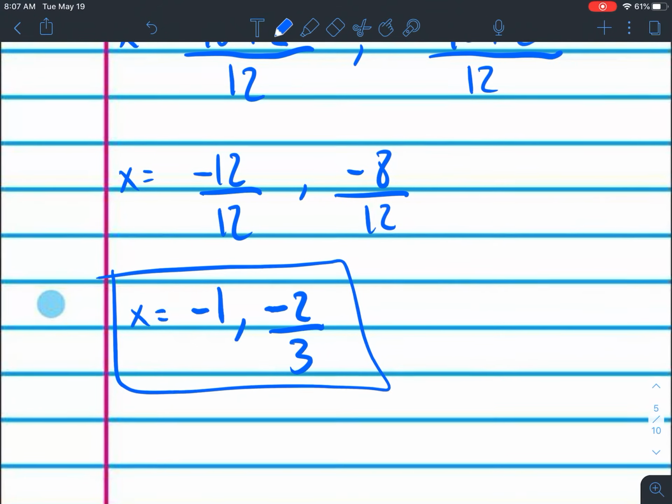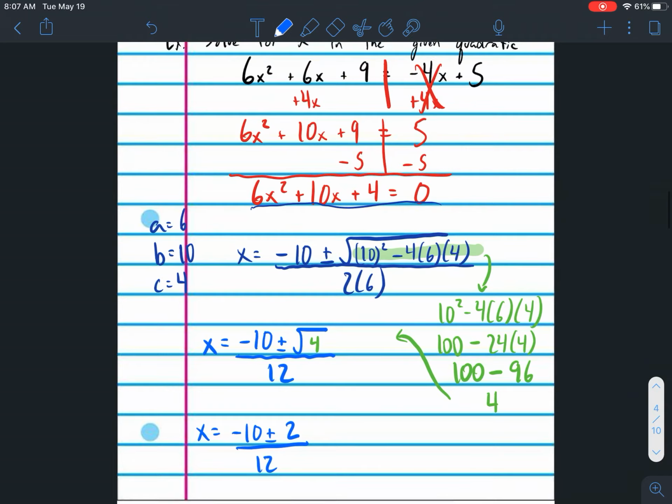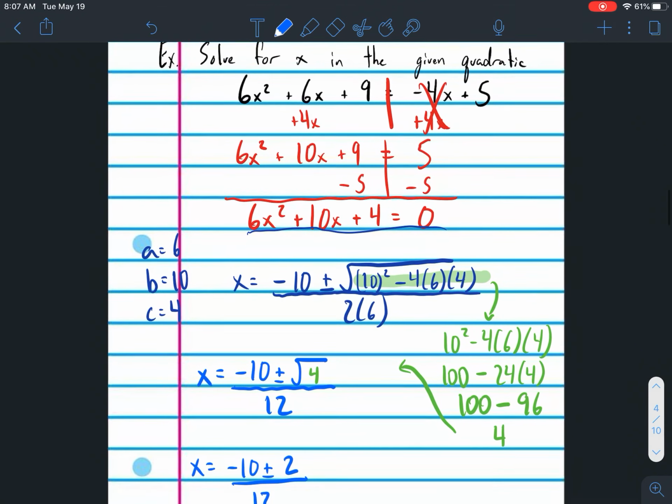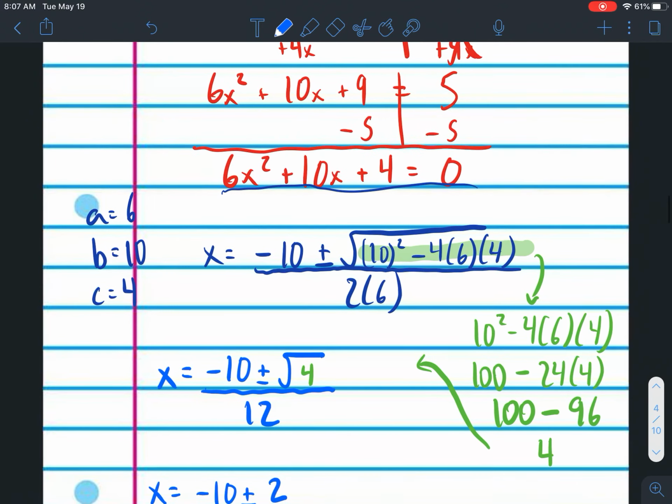And there you go. So you guys can see, honestly, the hardest part about it is just setting it up properly. In my opinion, plugging everything in is the hardest part. Once you get past that, it's just tedious algebra.